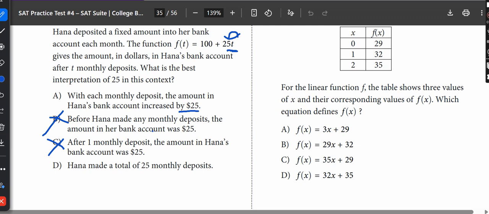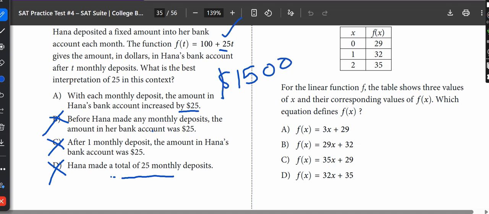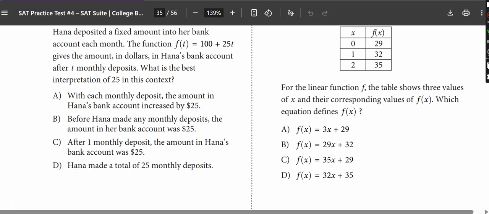No. Hannah made a total of 25 monthly deposits. No. It is actually representing that every month when Hannah deposits some amount in the bank, her money is increasing by 25. Like maybe a bank says that if you deposit $1,500, I will give you an extra 25 with it, just to attract customers to deposit in their bank. So option A is correct.